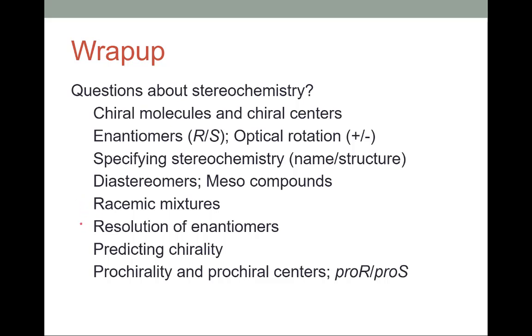We talked about how we can resolve those based on using a reaction with another chiral molecule. So we can get two different diastereomers and separate the two. We can predict chirality based on the physical shape of something. We talked about nomenclature here of how we would use the Re and Si nomenclature for sp2 centers, or the pro-R and pro-S nomenclature for sp3 centers.